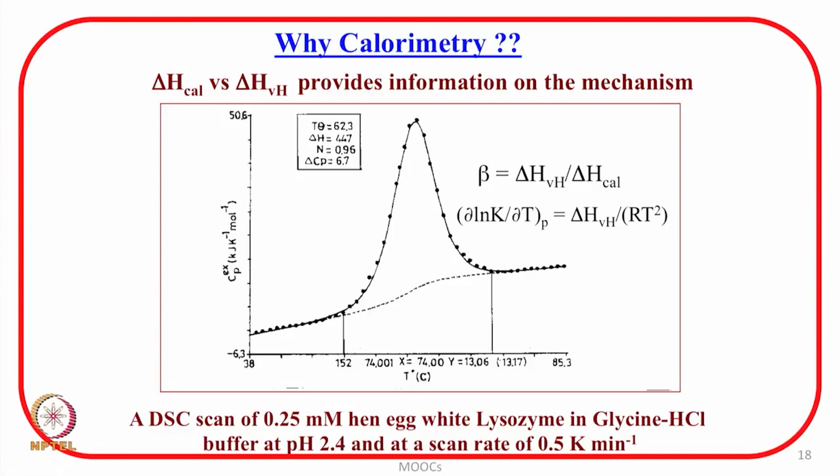So, you see what we have started now appreciating, that not only are we getting the numbers, but we have started connecting the information which is available with the mechanism.